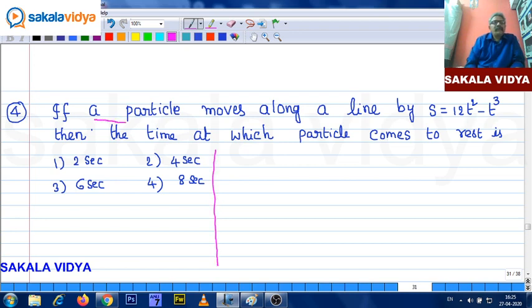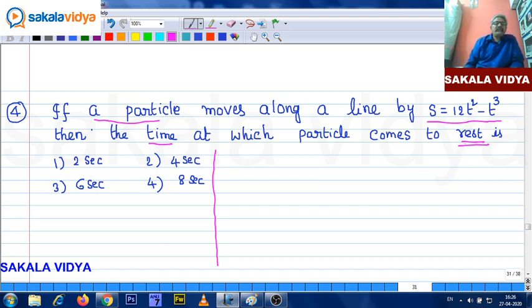If a particle moves along a line s is equal to 12t square minus t cube, then the time at which the particle comes to rest. Particle comes to rest means, like when you apply the brakes to a car or train, the final velocity becomes 0.